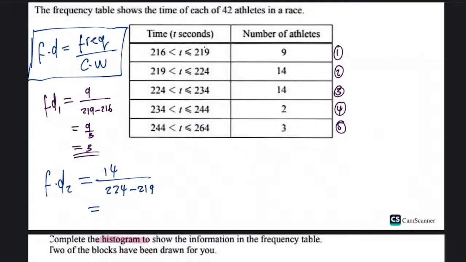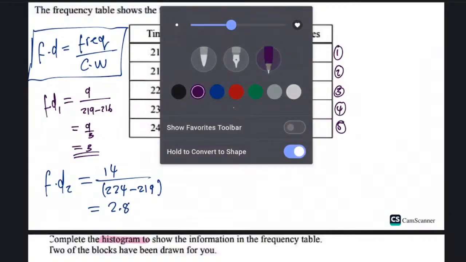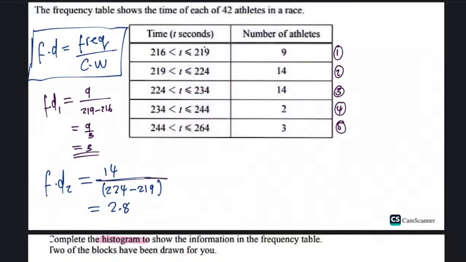So you say 14 divided by open bracket 224 minus 219. You get 2.8. If you want, you can do it in one go by putting brackets in your denominator. Then you open bracket, you say 224 minus 219, and you can get it. Then frequency density, the third one now. Remember, everything is frequency density.